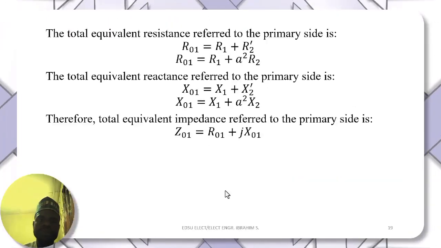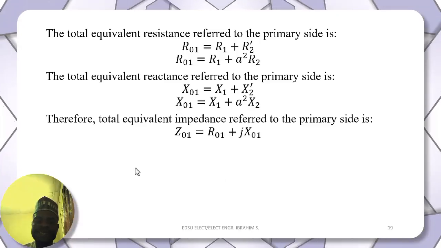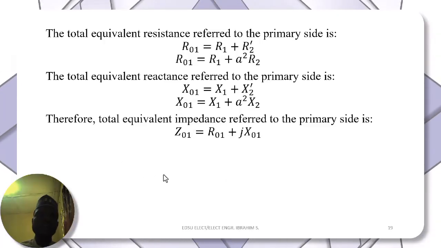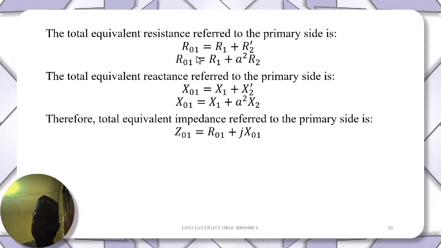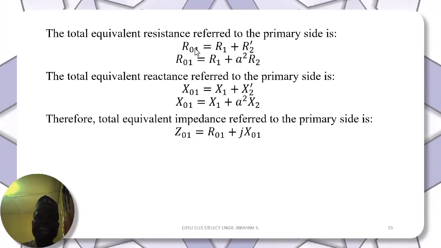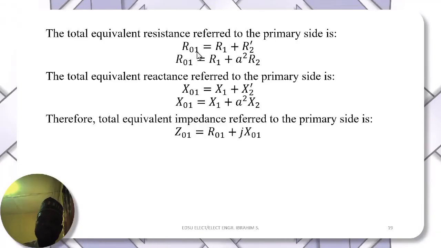So let's continue. The total equivalent resistance referred to the primary side is this. We have R01, the equivalent resistance when referred to the primary.